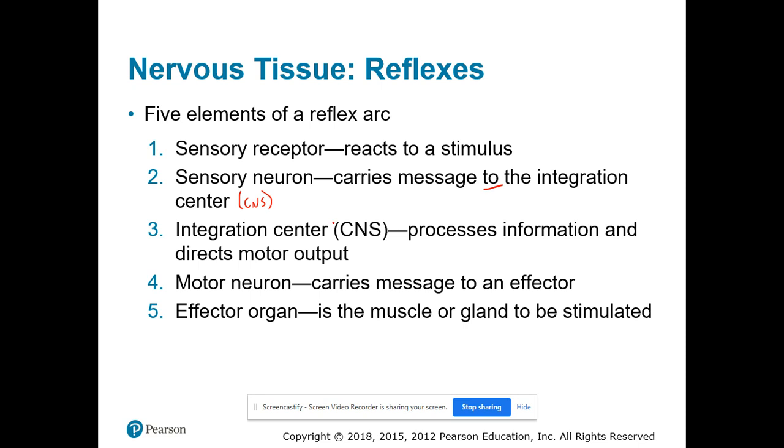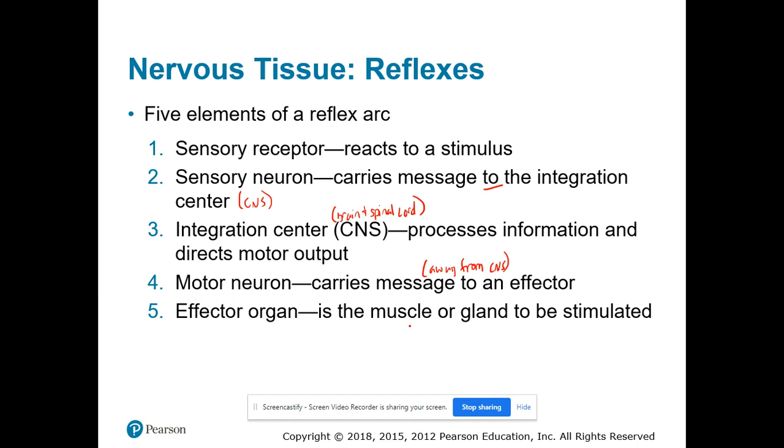Your integration center, which is your central nervous system, this is your brain and spinal cord. This processes that information and gives a direct output. Then you have your motor neuron, and this carries the message to an effector, or in other words, away from the CNS. Now, your effector is going to be some type of organ.